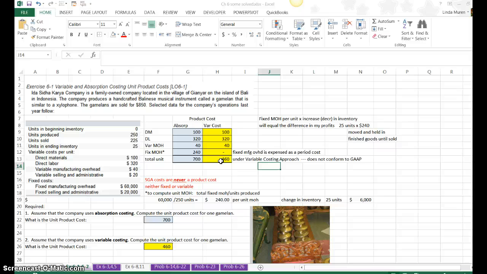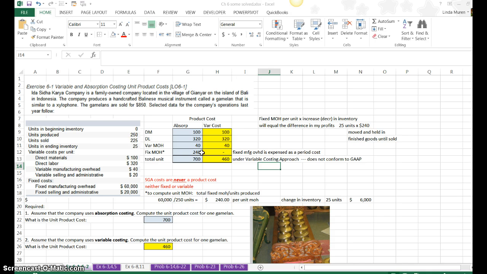Now there's a very significant difference between the two. The difference is that $60,000 of fixed manufacturing overhead. Under variable costing, we expensed it all. Under absorption costing, we first let it go through the inventory account, and then as we sell it, we move it to cost of goods sold.